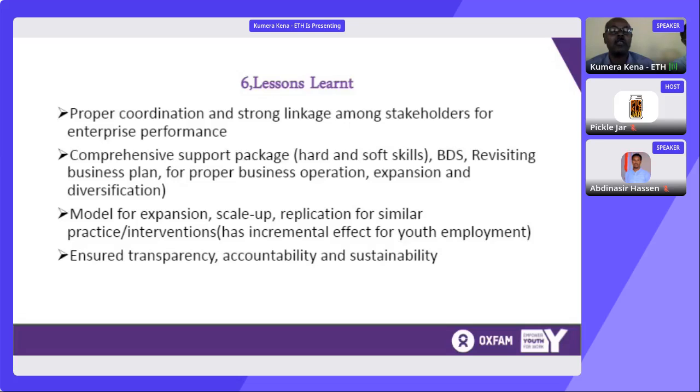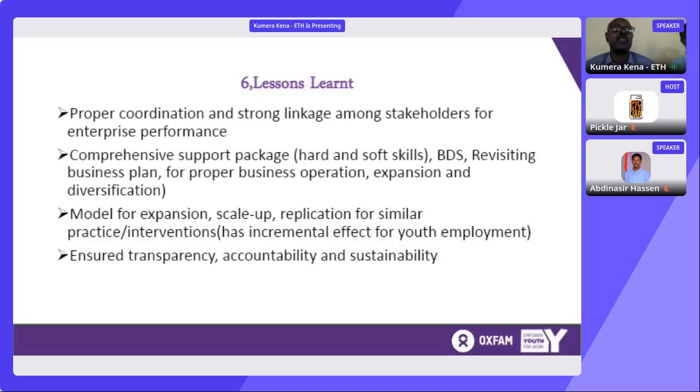The other one is that the scheme is a model for expansion. The loan guarantee fund scheme is a model for expansion, for scale up, for replication through other interventions, because it has an incremental effect for youth employment, for strengthening the existing youth groups and for creating employment opportunities for other users in the future.